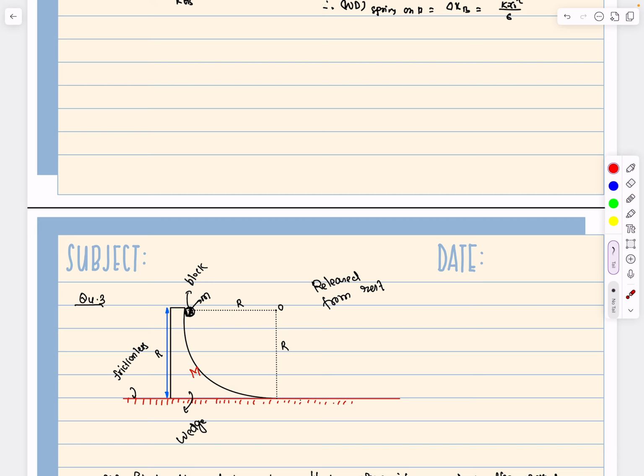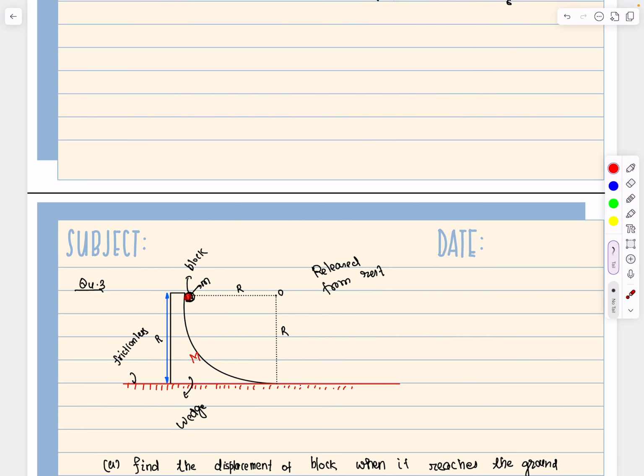They are saying there's a wedge, this is my wedge, and a block that is released from rest. The wedge is kept on a frictionless floor. The radius of this circular part is given as r. They are asking two questions here.